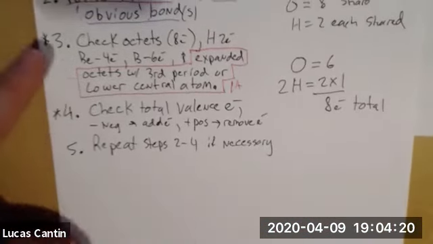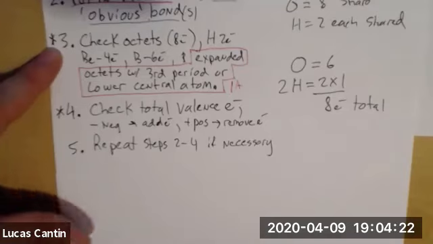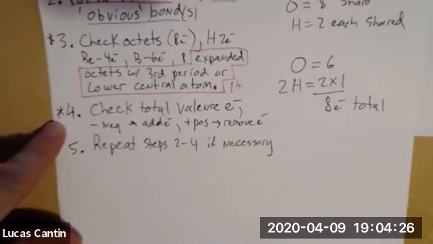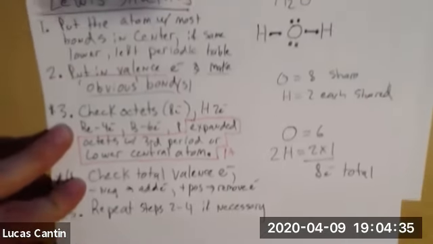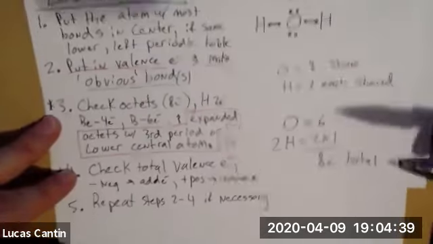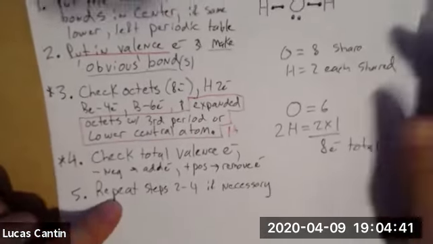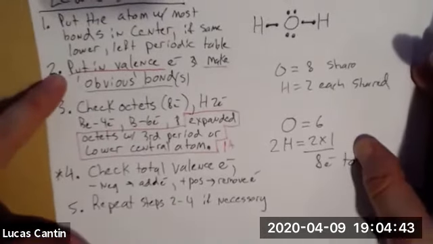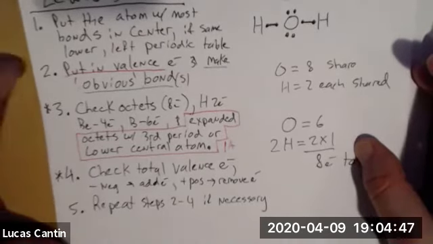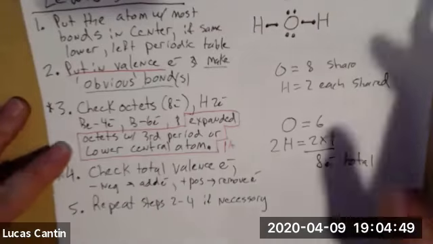So if I don't have my octet satisfied, or if I don't have the correct number of total valence electrons, it needs to be adjusted somehow. Does that make sense? So water satisfied both of step 3 and 4. I don't have to do it. Usually by repeating these steps, it means I'm going to make some more bonds, and then I'm going to recheck the octets and recheck the total valence. That's what repeat 2, 3, 4 means.